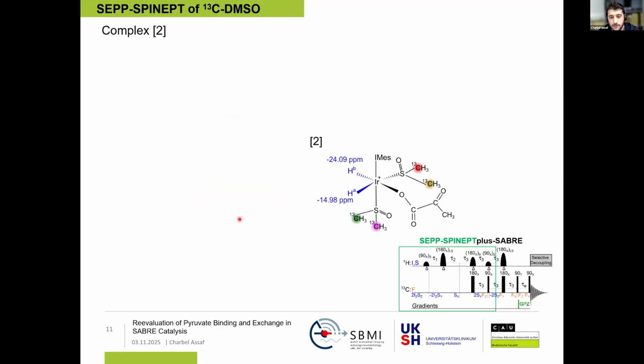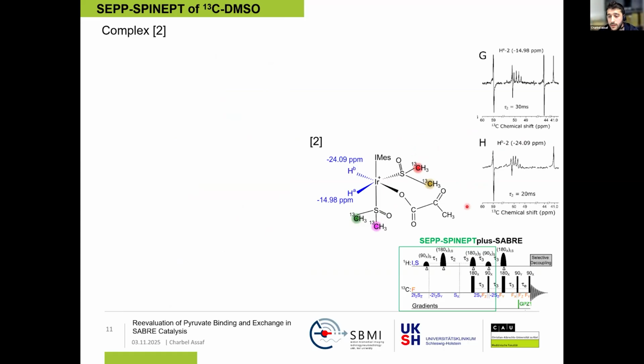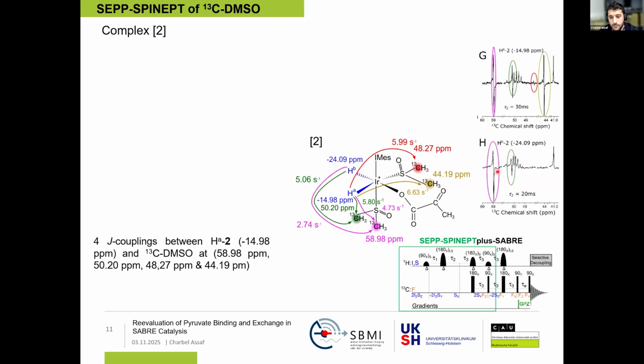And also to prove that complex number 2 has indeed 2 DMSO instead of 1, we have the pulse sequence to study the SABRE spin-up, like to measure J couplings. So we use 13C labeled DMSO, and we measured interaction between hydrides, and we found there are 4 interactions with one of the carbons, and from the second hydride we only have 2.